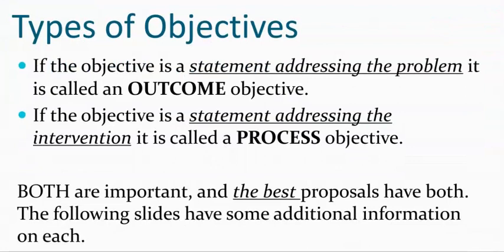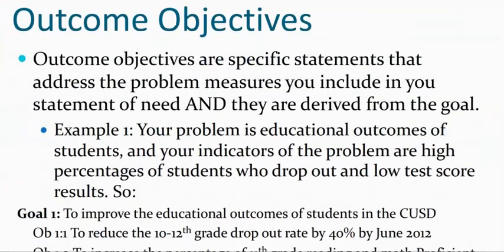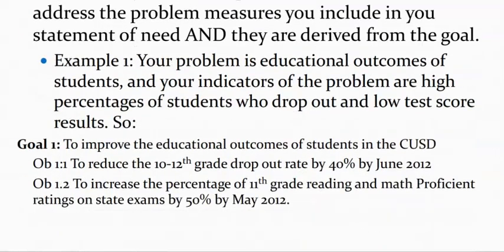So if the objective is a statement addressing the problem, it is called an outcome objective. If the objective is a statement addressing the intervention, it is called a process objective. The best proposals have both. Outcome objectives are specific statements that address the problem measure you include in your statement of need, and they are derived from the goal.